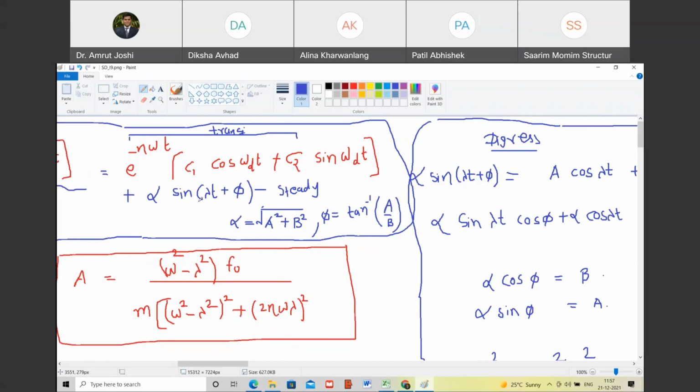There is transient response, there is steady state response. Transient response becomes ineffective after a certain time. In steady state response, the system responds with the same frequency as the forcing function, irrespective of the natural frequency of the system. It responds with the same frequency as forcing function, but with phase difference phi.